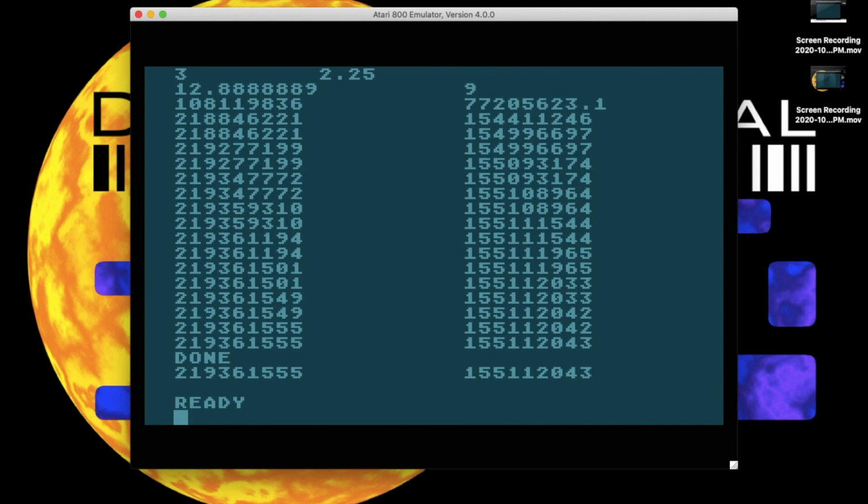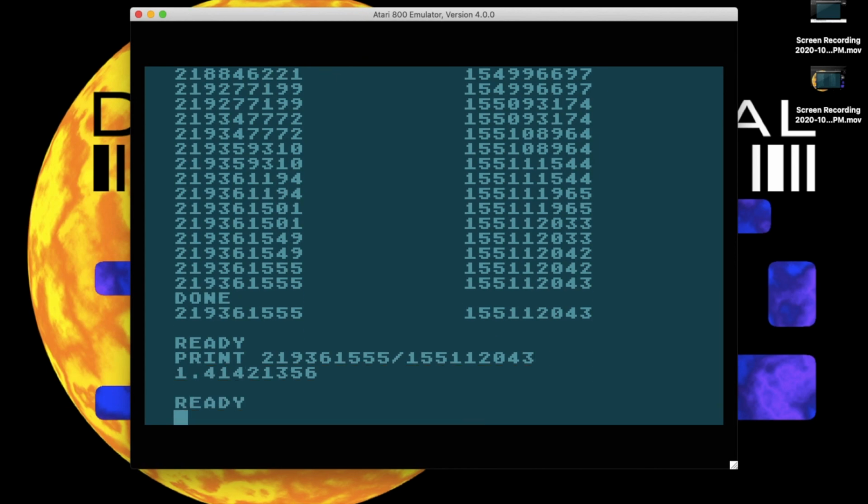Integer square root of 2 as a fraction. So print 219361555 divided by 155112043. Yep.